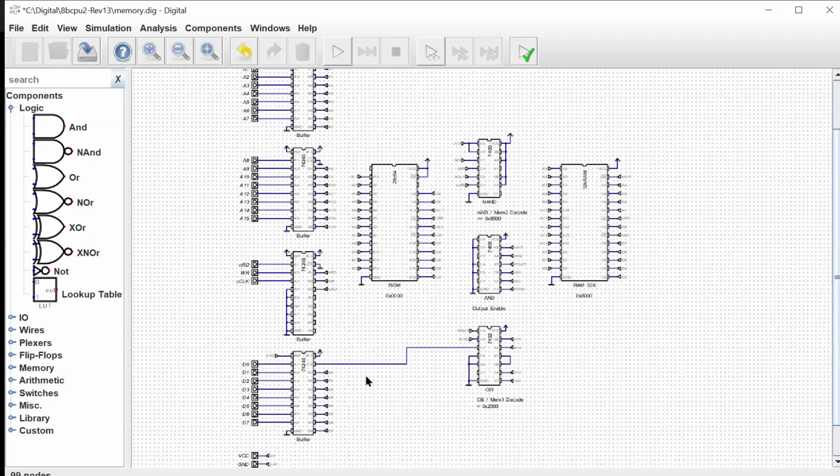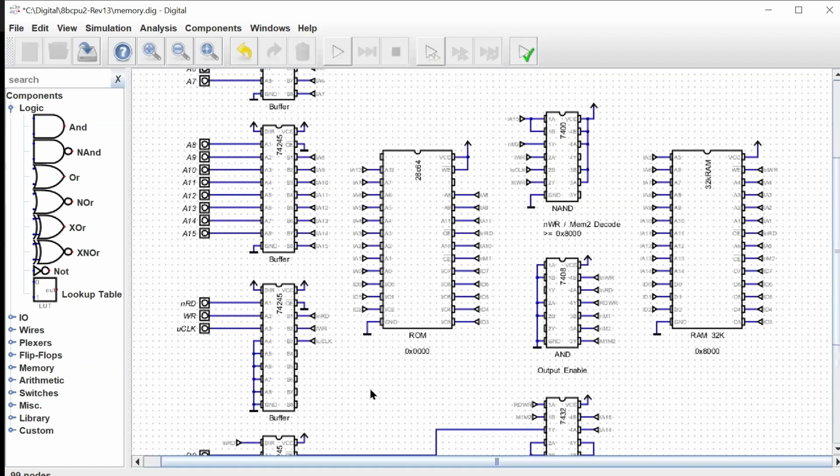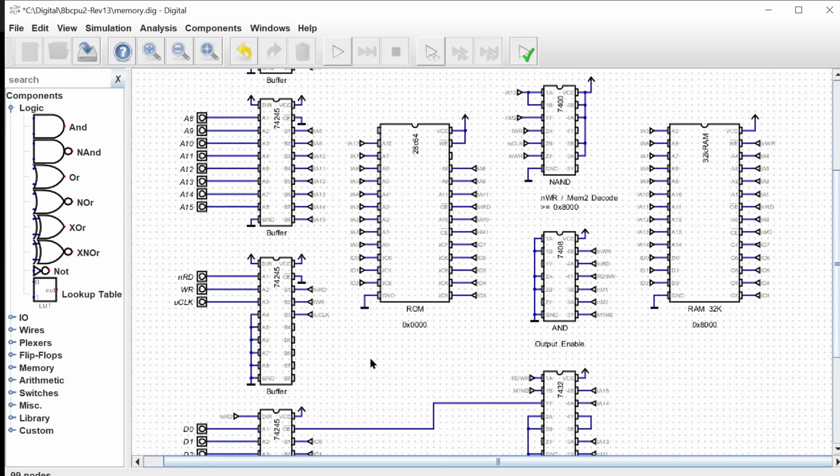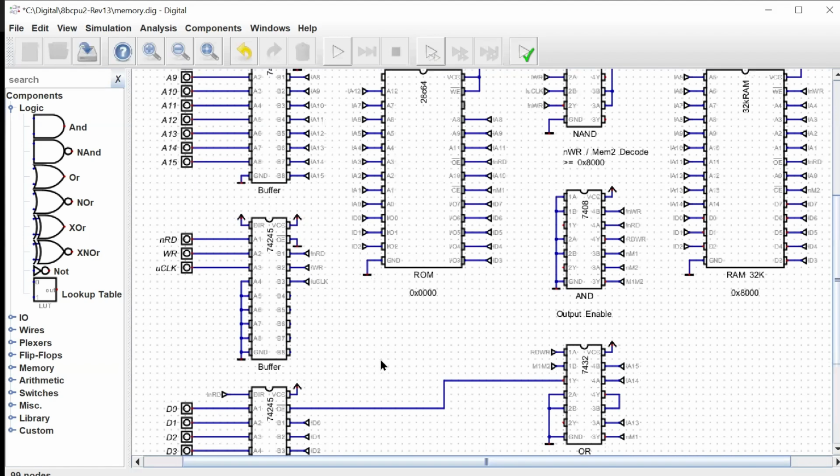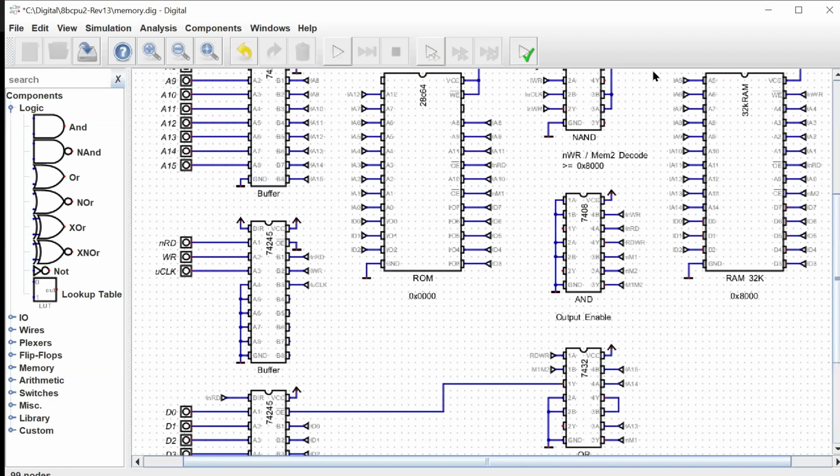All right, I'm going to make this a little bit larger so you can see this a little bit better. And then we're going to start our simulation. Okay, so I'm going to go here and start our simulation, and we'll take a look quickly at the current operation and the issue.